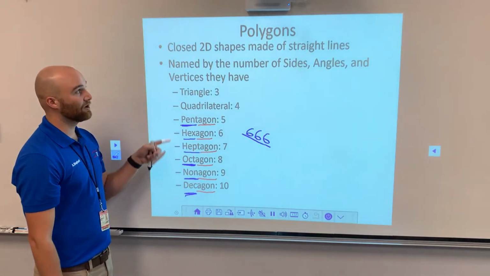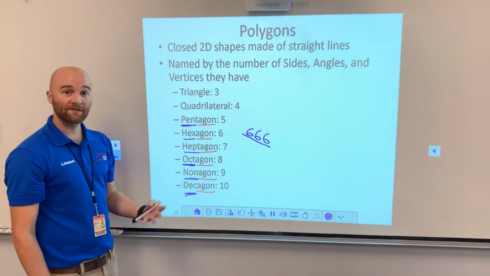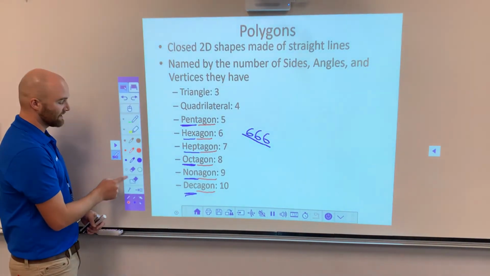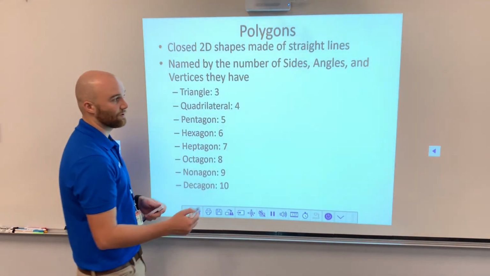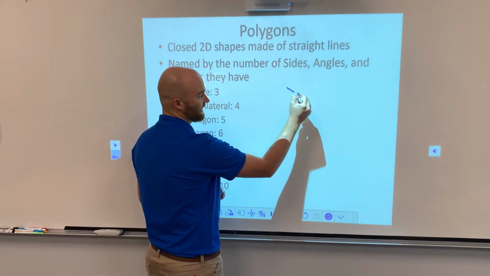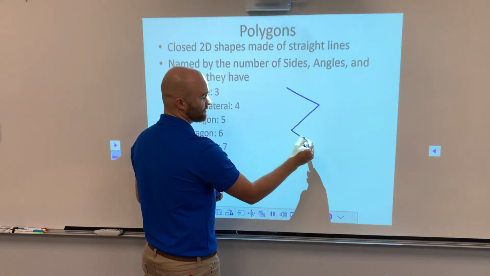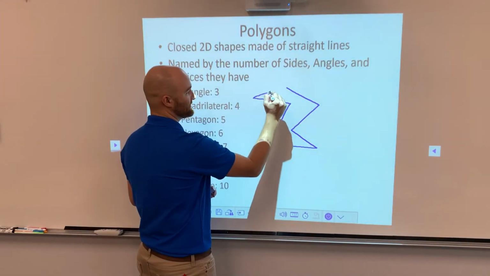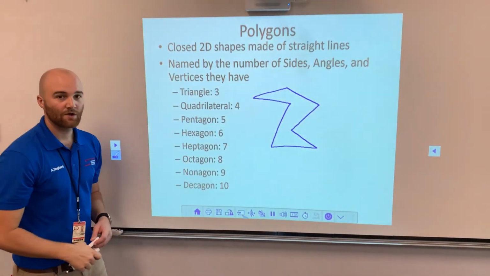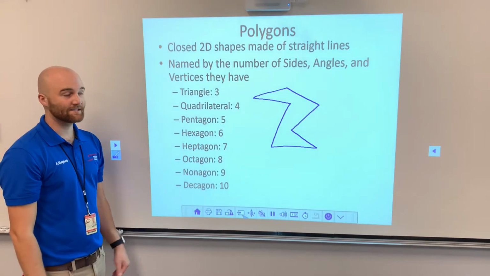So here we see all the parts of polygons. I'm going to draw a polygon, and I want you to tell me what kind of polygon it is. So I'm going to draw in that polygon. I've got 1, 2, 3, 4, 5, 6, 7 sides. What kind of polygon is that?